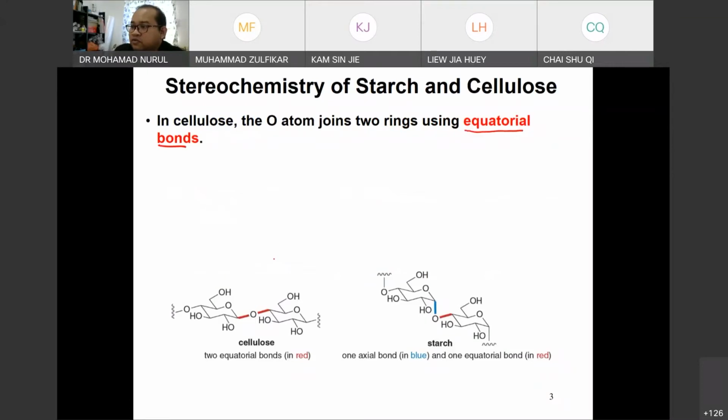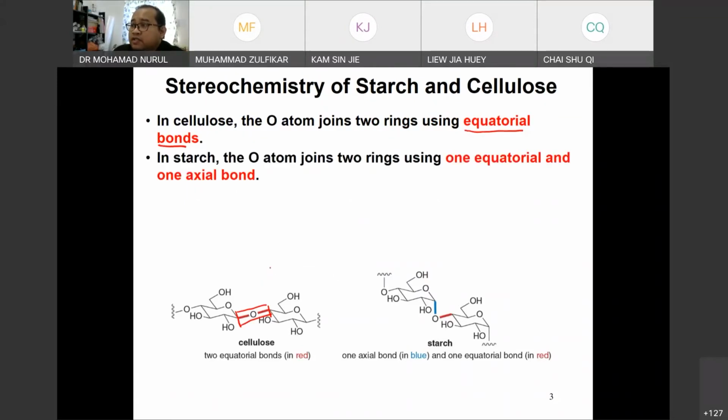In starch, the oxygen atom joins two rings using one equatorial and one axial bond. It will give you different properties.